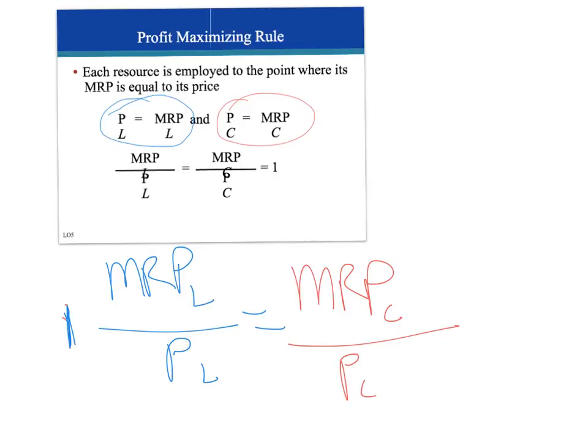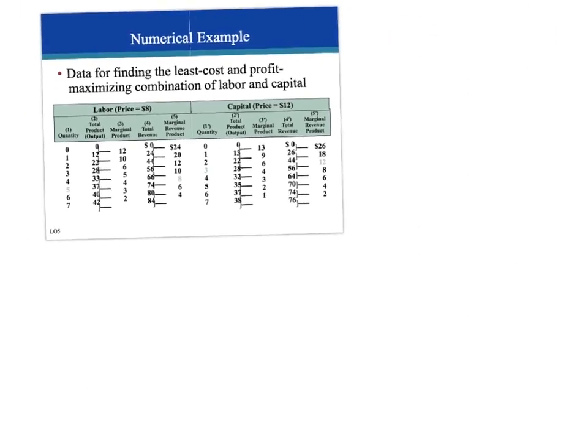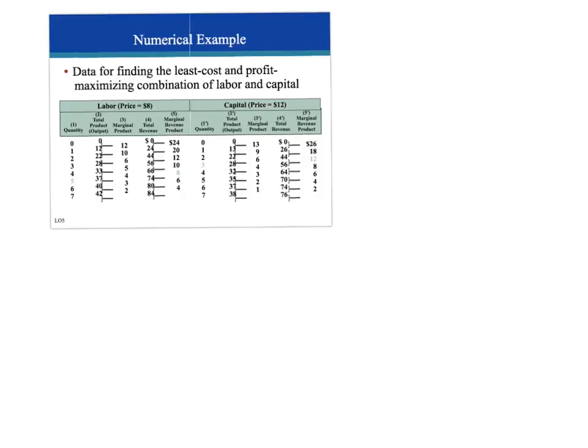And then again, at the profit maximizing point, the marginal revenue product of capital should equal the price of capital, which would also make this ratio 1. Okay. All right, so working out an example here, let's start with different least cost combinations. So let's say this firm wants to produce 50 units of output.